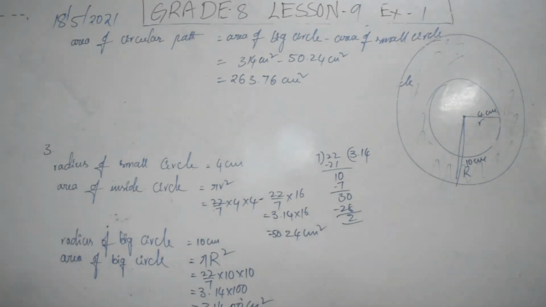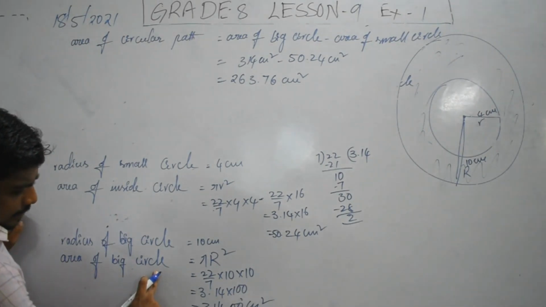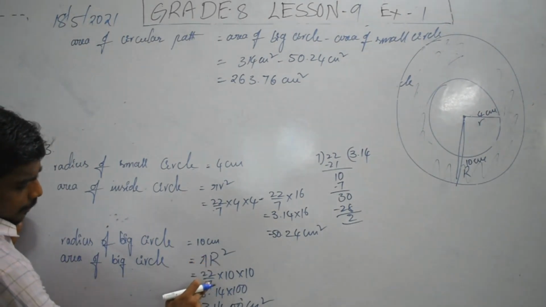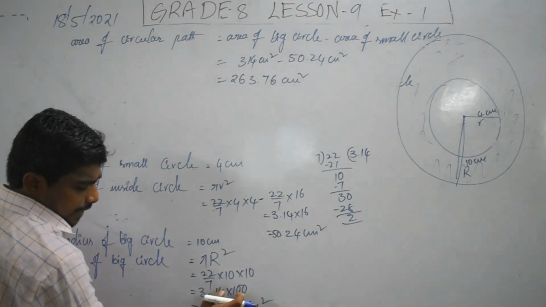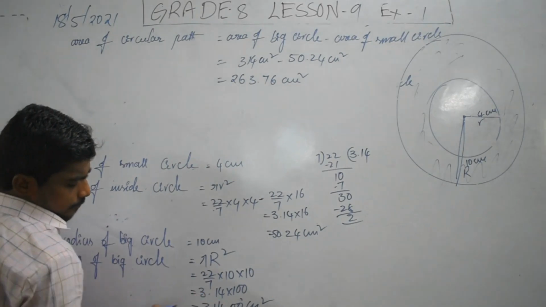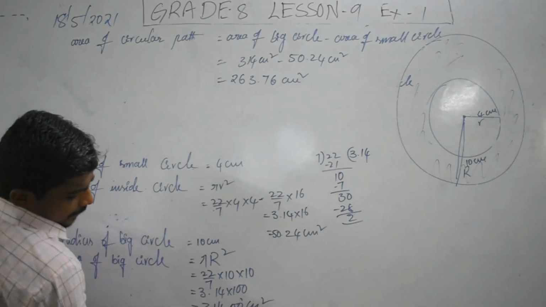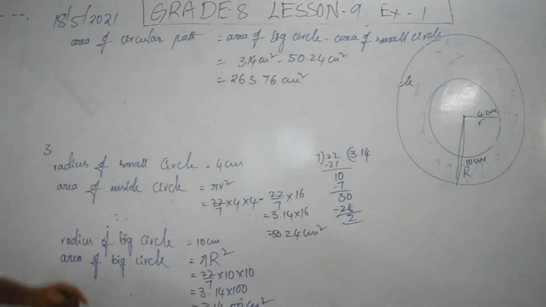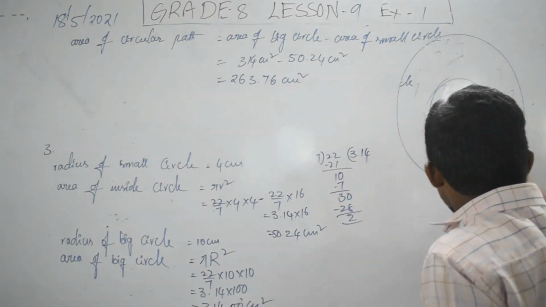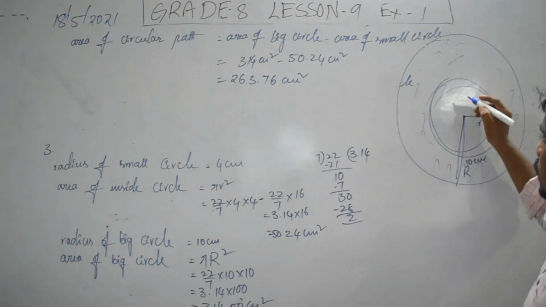So the area of the big circle is 314 centimeter square.